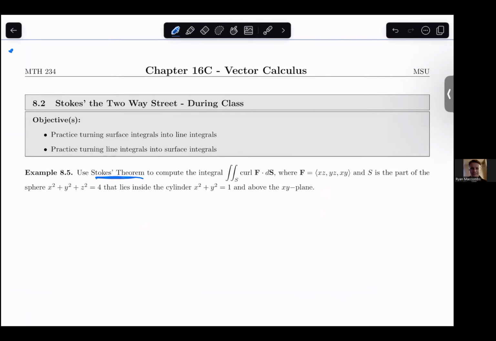So in this case, we are trying to evaluate this surface integral of the curl of F dot dS. And so because of that, we are going to apply Stokes' theorem. And we are going to transform this surface integral into a line integral. If you don't do this, then you haven't used Stokes' theorem.